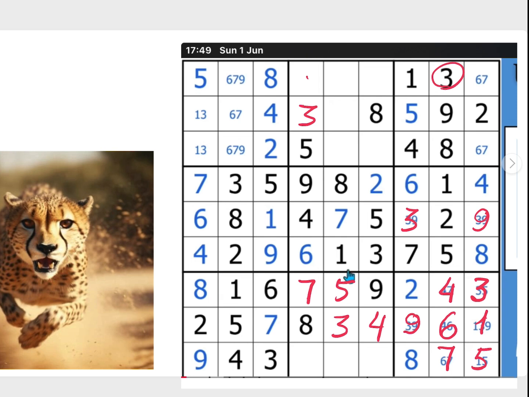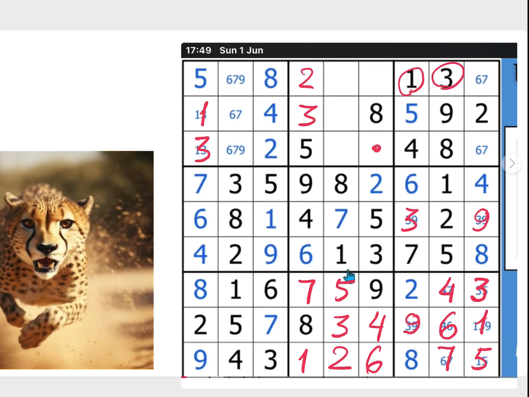Then it means that here I have 1, 3, and I can think of these two numbers, which is okay, because of this 1, it means 1 here, and the rest number is 2. Then I have 2 here, and finally number 6 here.